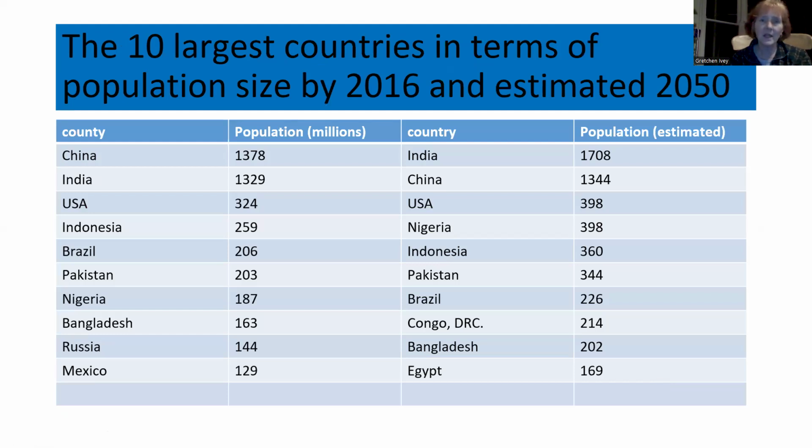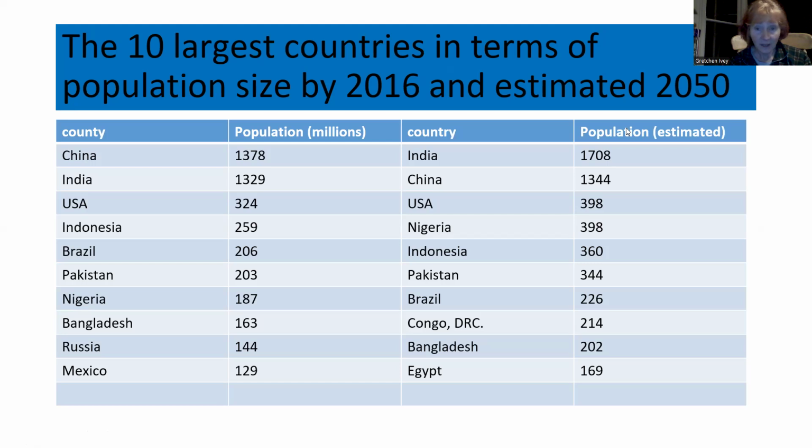Okay, so here we have the 10 largest countries in terms of population size by 1960, by 2016, and an estimate by 2050. You can see a country like China, in millions, over a billion, 1.3 billion. By 2050, it looks like it's going to grow, but not by as much.